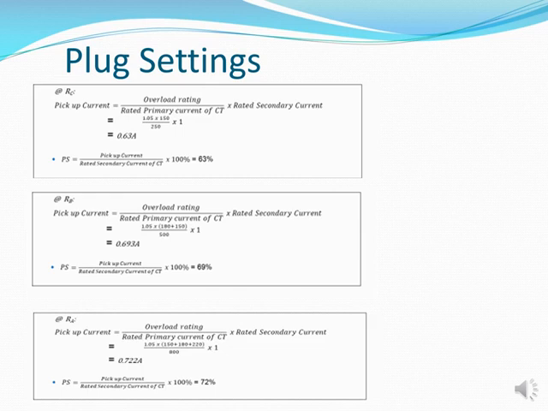Then on the last one, I again look at my load, and here I need to add the load that was at B, which is 220. I get my pickup current and then I calculate my plug setting.